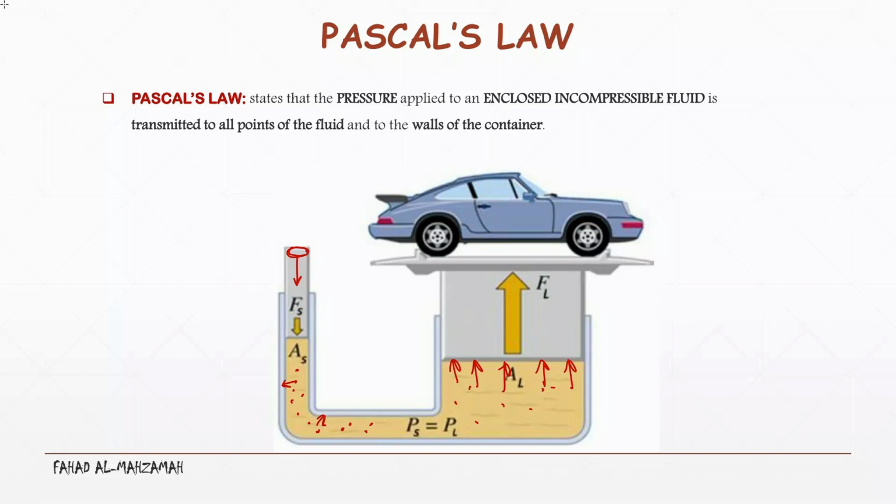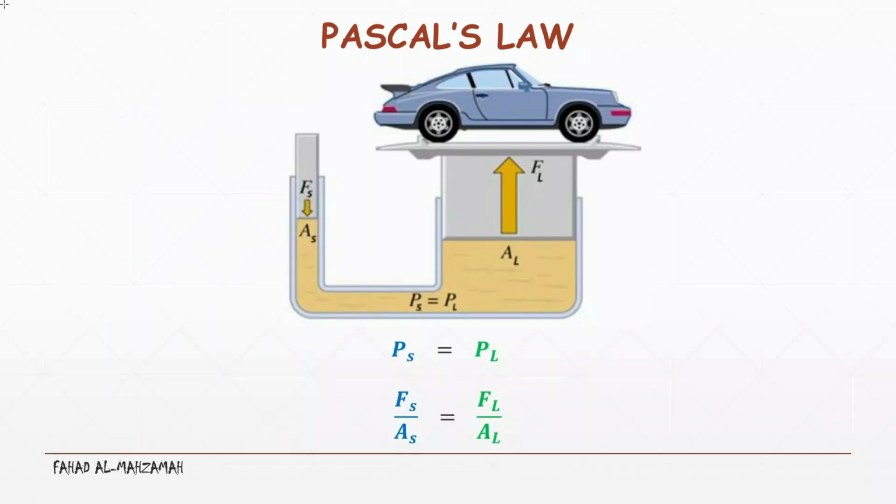So what can we get from this formula? We can get that PS, and we mean by S the small piston, this one, the smaller piston, is exactly equal to PL, which is the pressure in the large piston. So the pressure here, PS, will be equal to the pressure here, PL. S means small piston, L means large piston.